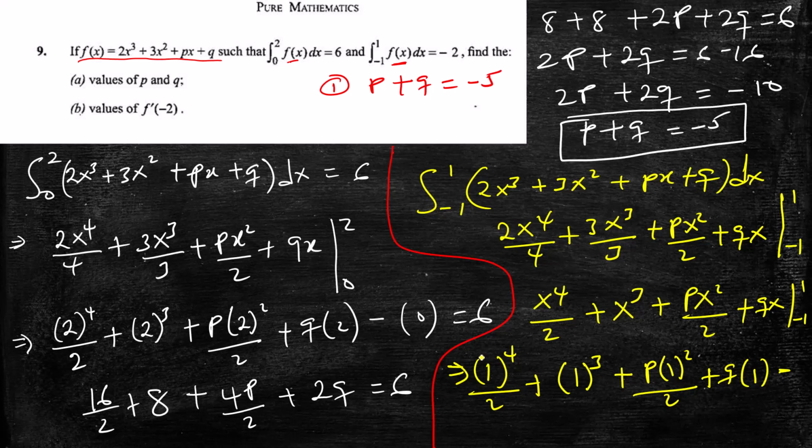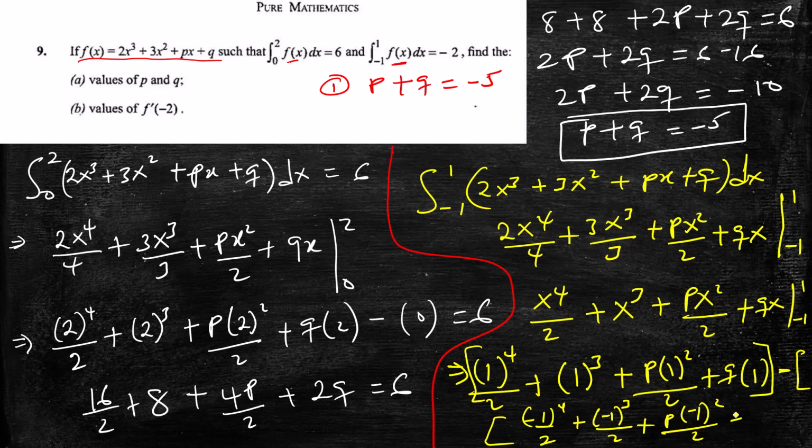Minus, now from -1: -1 to the power 4 over 2, plus -1 to the power 3, plus p times -1 squared over 2, plus q times -1.